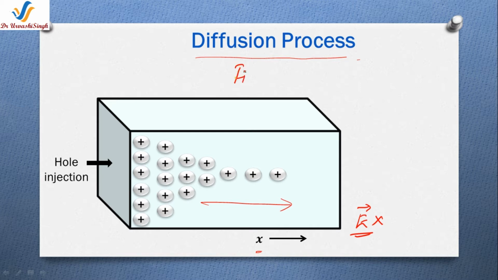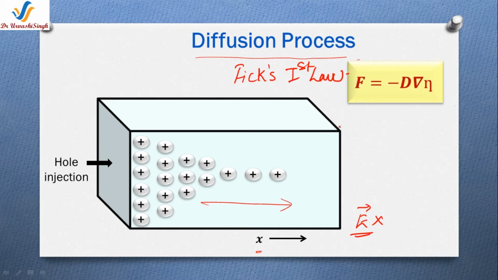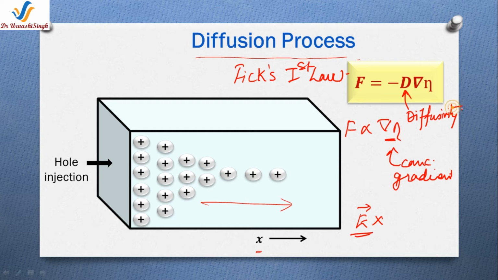Now Fick's first law is used to define the diffusion process, which states that the flux, that is the number of particles crossing per unit area per unit time, is proportional to the concentration gradient, and this eta is the concentration and delta eta is the concentration gradient, and this proportionality constant is called the diffusion constant. This is diffusivity. You can say diffusivity, diffusion constant, or diffusion coefficient.